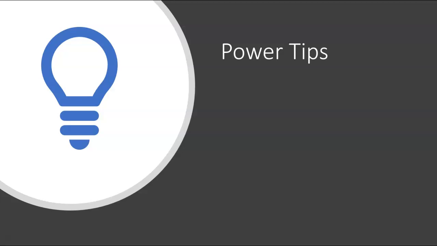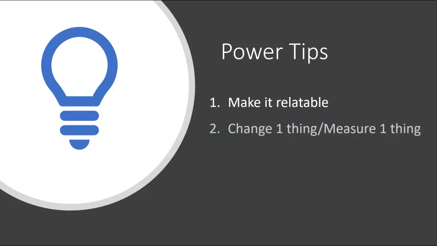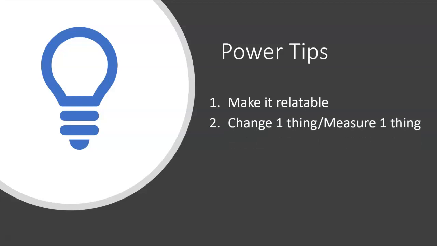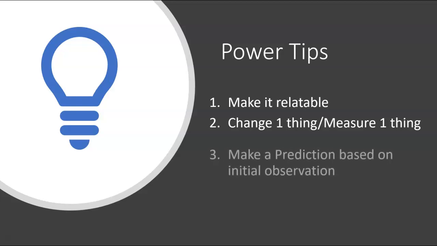So the power tips that he provided were, number one, make it relatable. So making sure that the student has a connection to it, and that way, if the student has the connection to it, they could in turn make it relatable to any judges or teachers. A reminder to change one thing and measure one thing only, so having one independent variable and one dependent variable.